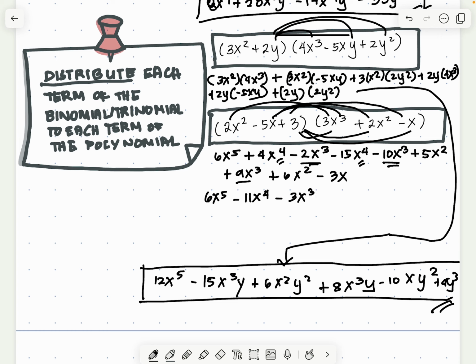And then for x squared, you have positive 5 and positive 6 only, so you have plus 11x squared. And then for x, you got minus 3x. So that's it. This is our final answer.